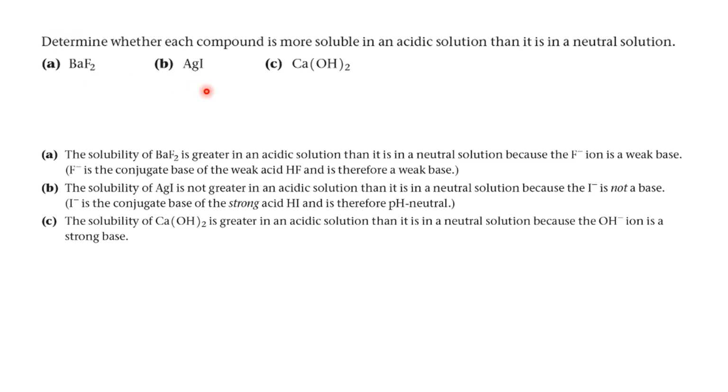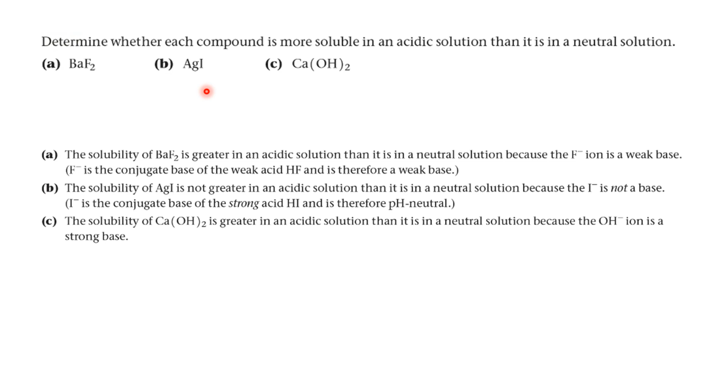All right, what about part B, silver iodide? If you look at that, again, look at the anion. You have I minus. If you pair that up with an H, it's going to form HI. HI is a strong acid. It's one of your 6 strong acids. So what does that tell you?